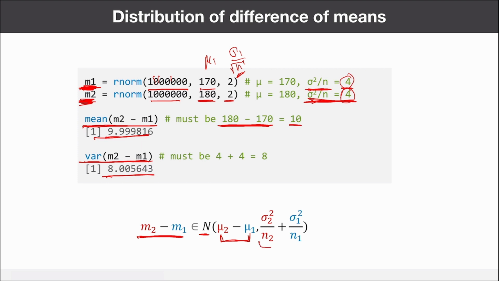And then this will be the variance, or standard error if you want, right? So this is the variance. And then you remember, it's the expected effect. And this is the observed effect. So now we know how the observed effect is distributed around the expected effect, right?